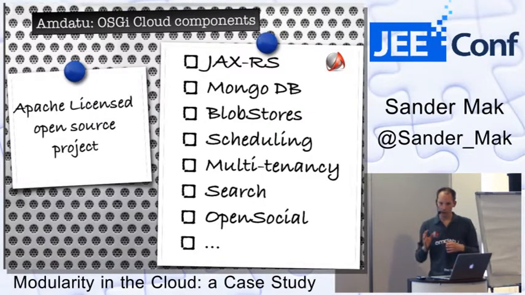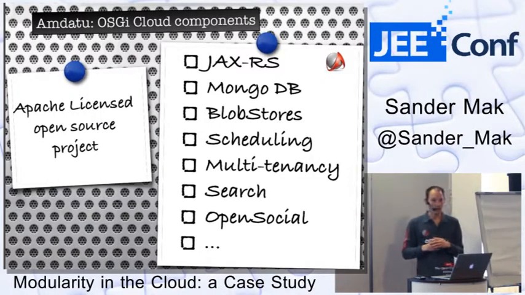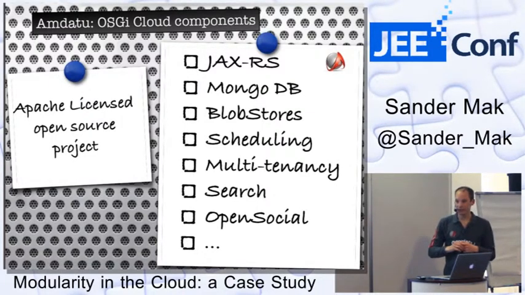But when you are building on top of an OSGi runtime container, you're not in the Java EE world anymore. And on the one hand, that might be a relief for some, but on the other hand, there's all kinds of nice things in Java EE, JAX-RS, JPA, other things. I mean, it's not there for nothing. And you can do really nice things with it. And when you start with OSGi, you practically have a clean slate that you're building on. And Amdatu tries to fill this void.